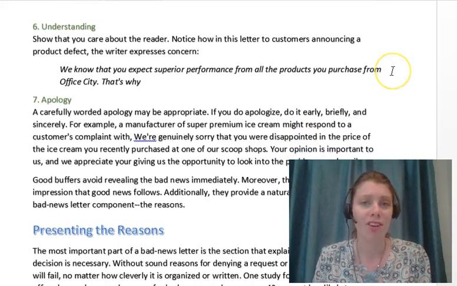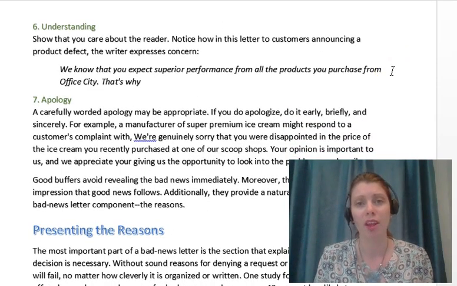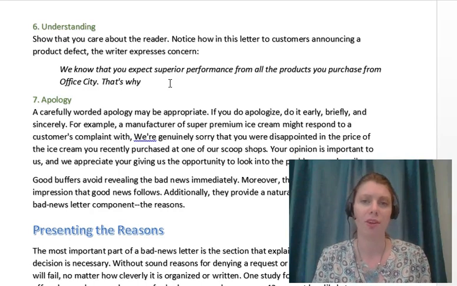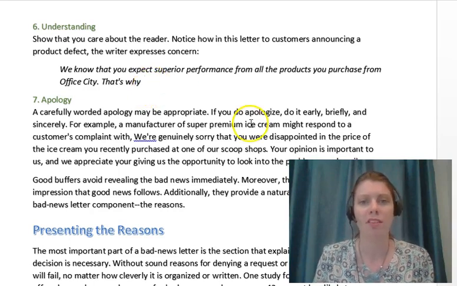Okay, you could also start with showing understanding. So show that you care about your reader. Notice here that this is a letter that started with an announcement to the customer about a product defect. So they've put, we know that you expect superior performance from all the products that you purchase from Office City.